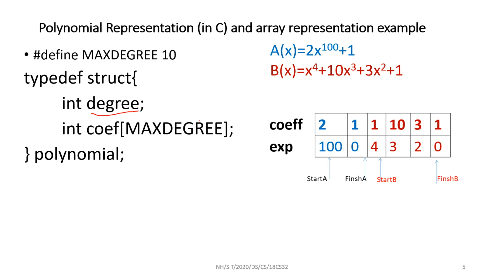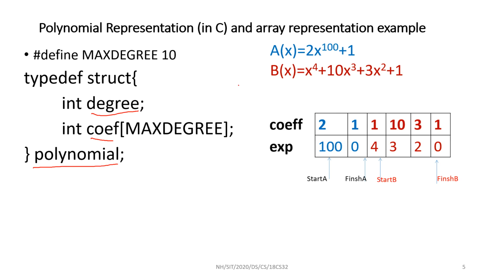Based on the degree, we can reserve that many spaces. The other one is the coefficient. If the term is not there, you put 0. We can have any number of polynomials, so for that you have to create an array.